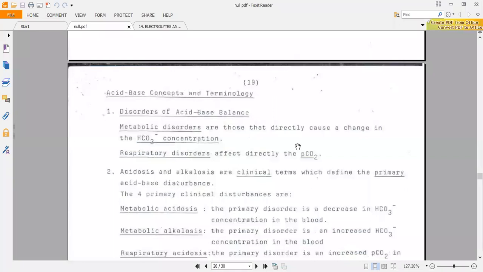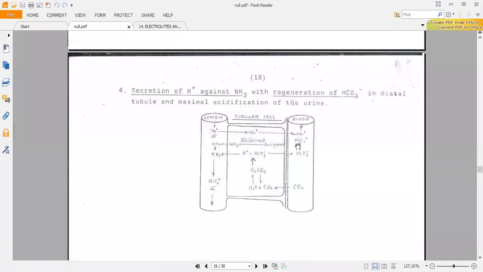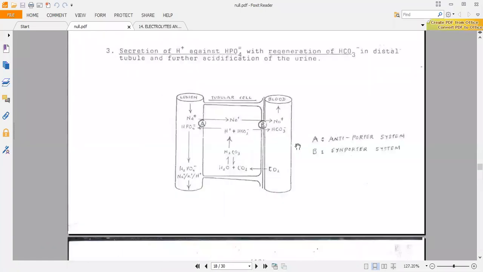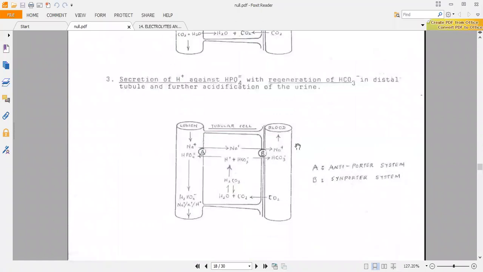Okay. What I'm saying is that in removing the H plus ion, there are two ways we can remove H plus ion from the kidneys. The first one is the filtered H plus.